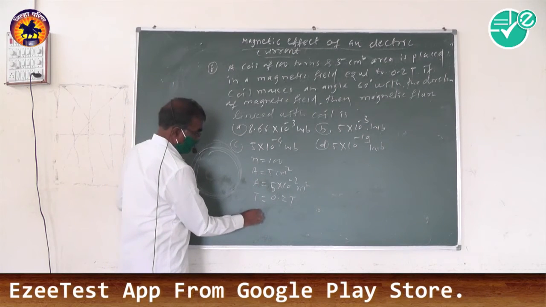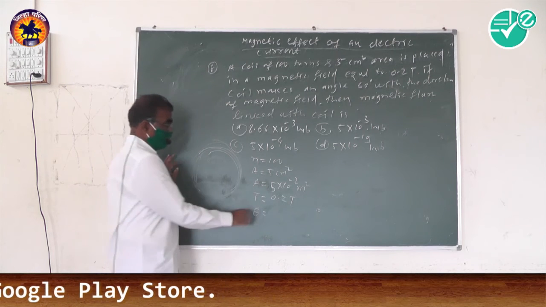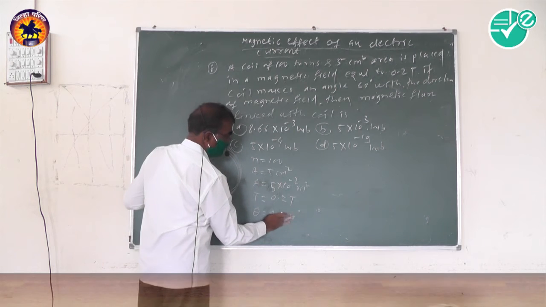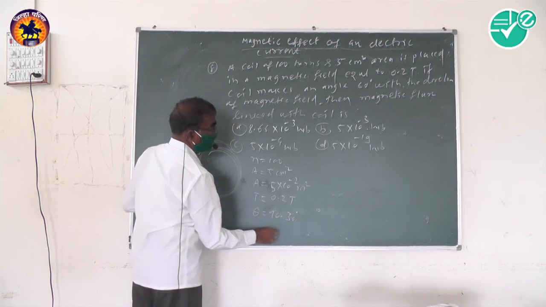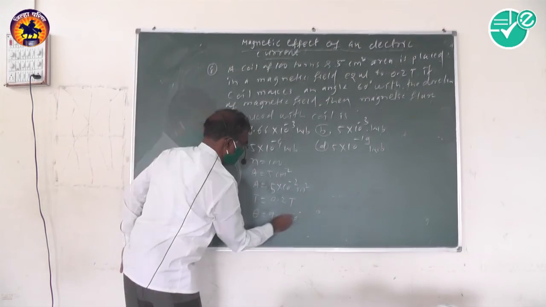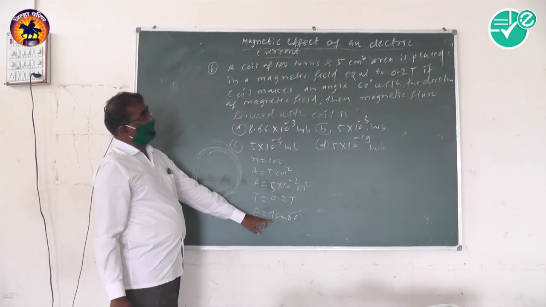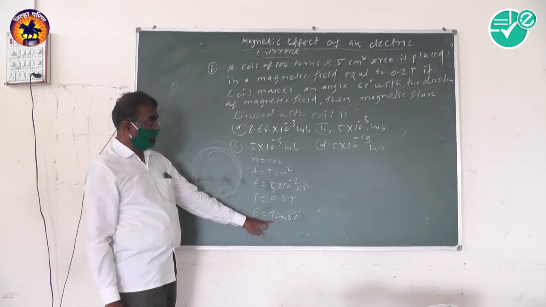And theta equal to 90 minus 60 degree, that is 90 minus 60. The plane of the coil makes an angle 60 degree with the direction of the magnetic field.